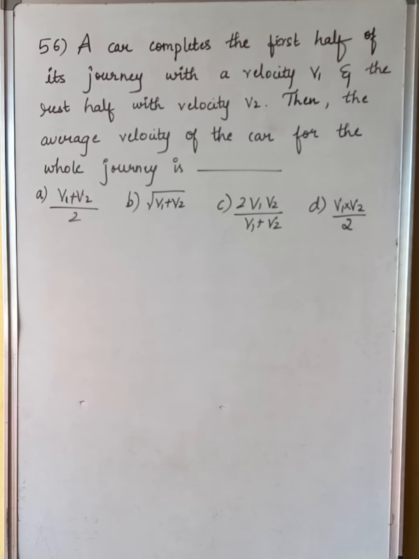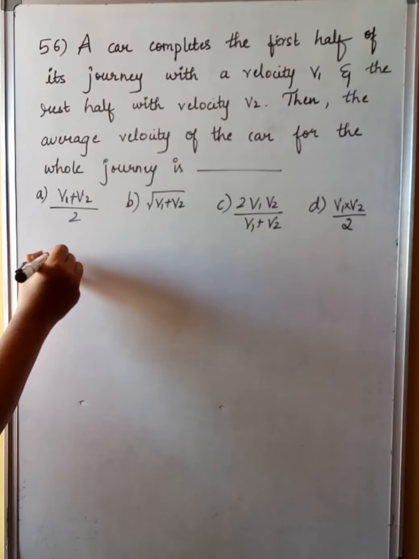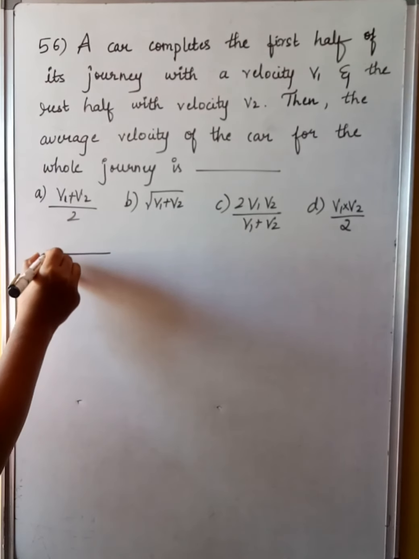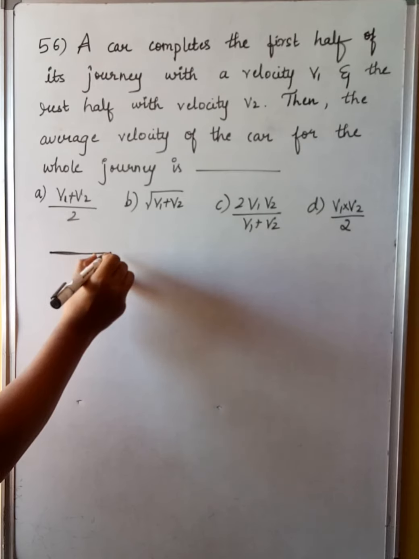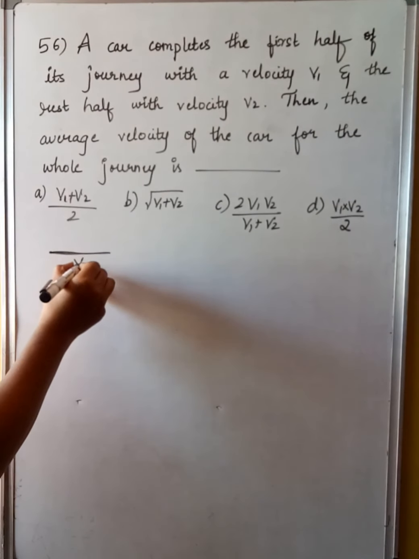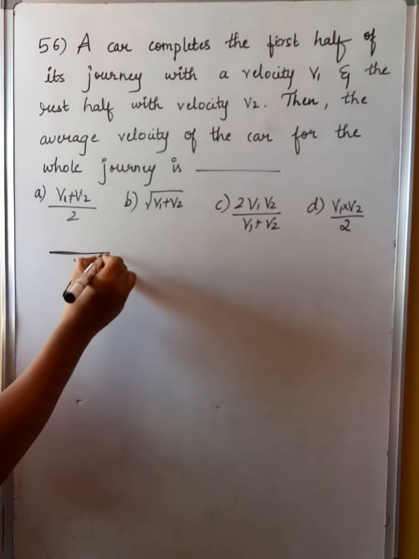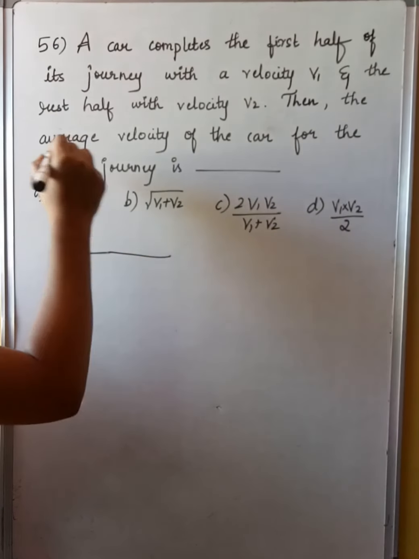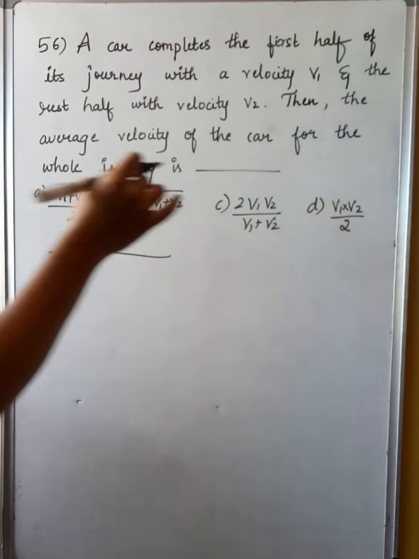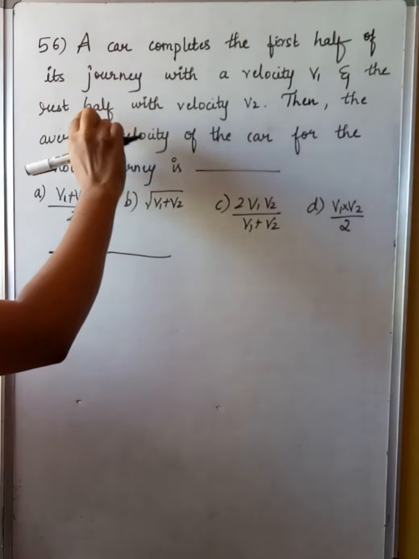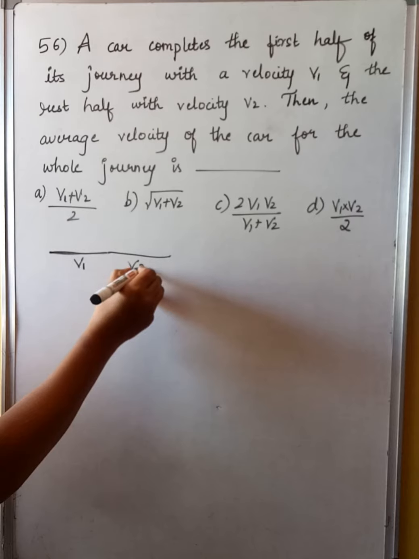So students, now we'll be moving on with the 56th question. So here 56th question is nothing but a statement problem, but you need to solve it a bit. Okay. So a car completes the first half of its journey. Suppose I consider a car completes the first half of its journey with a velocity of v1, and the rest half of its journey with the velocity v2.